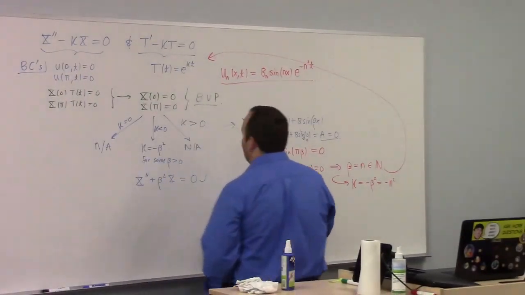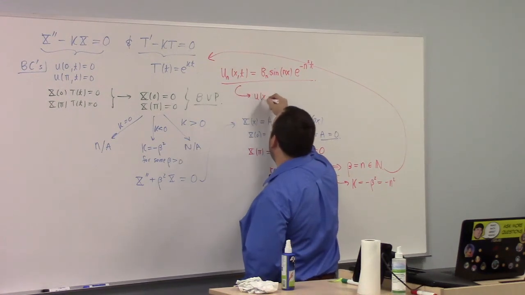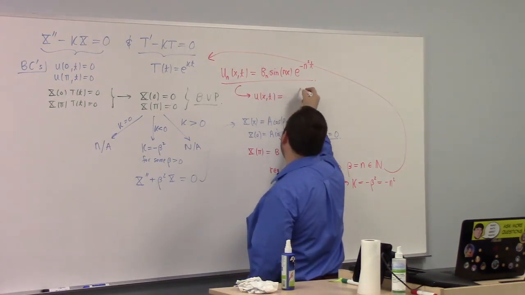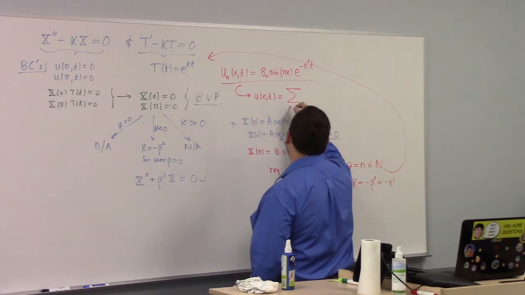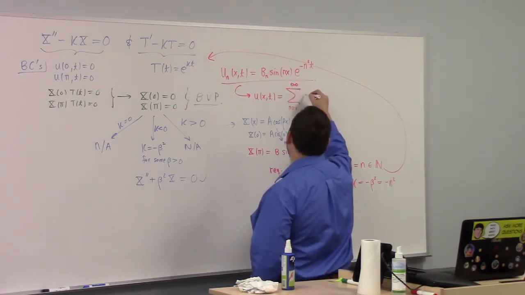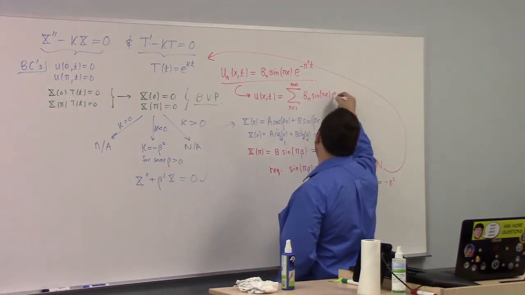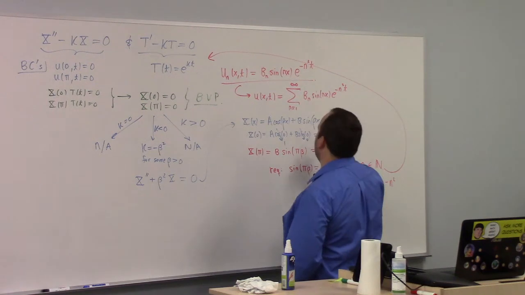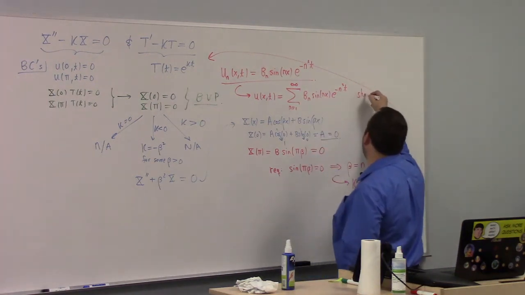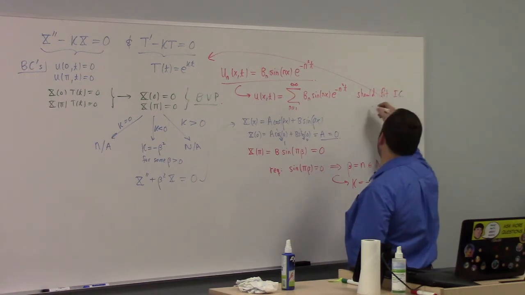So here is Fourier's leap. Fourier's leap is that, well, if you just take an infinite sum of these guys, this should solve. It should fit the initial condition function.